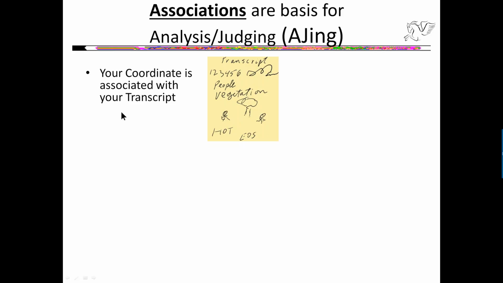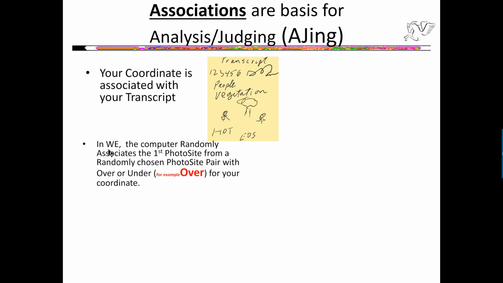Now, your coordinate is associated with your transcript. So here's an example. The coordinate was 1, 2, 3, 4, 5, 6. Obviously this is a made-up example. And this was a transcript. Now, in the Winning Entanglements program, and there are other ARV approaches, but most of the people who are asking questions were newbies introduced to Winning Entanglement.